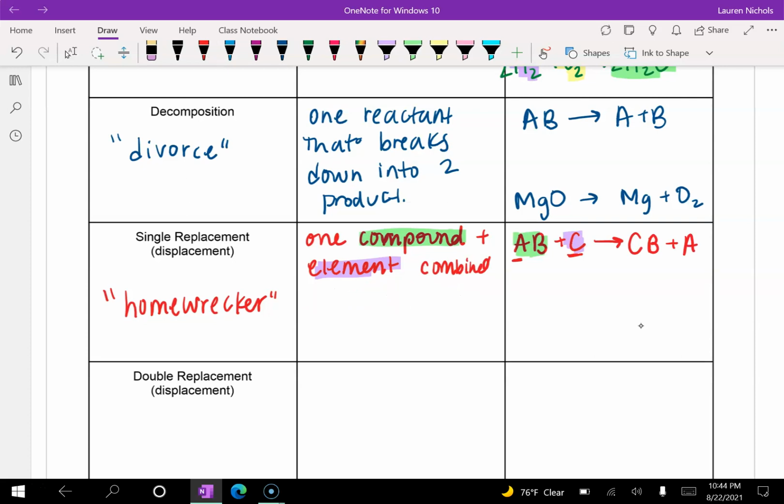So your indicator really is that one element and compound combine to create a new element and compound. But notice that you still have a compound and an element on both sides. Our new compound is CB and our new element is A. But it's always a compound plus a single element on both sides.